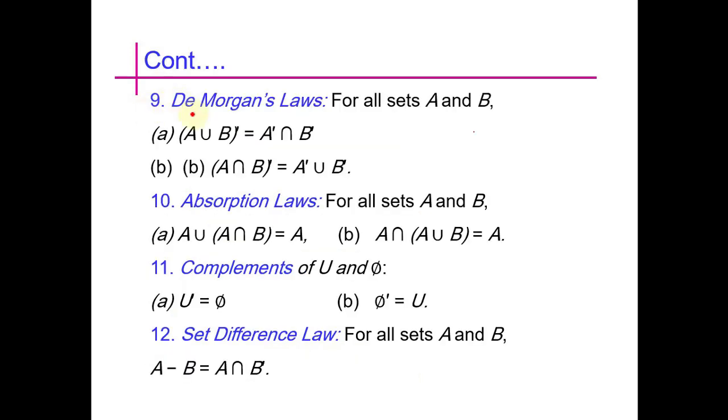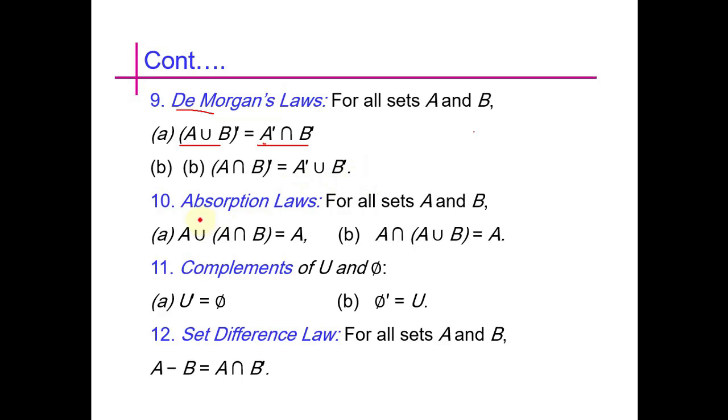The ninth property is De Morgan's law, and in De Morgan's law we see that we are taking the complement of union of two sets, and on the right hand side is the intersection of complements of two sets. Similarly, in B part, when we take the complement of intersection of two sets, it will be equal to the union of complements of both the sets.